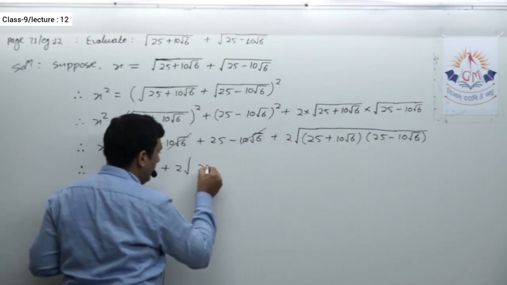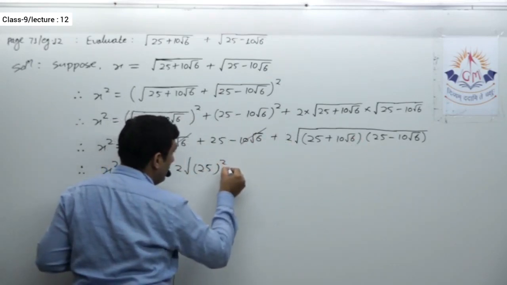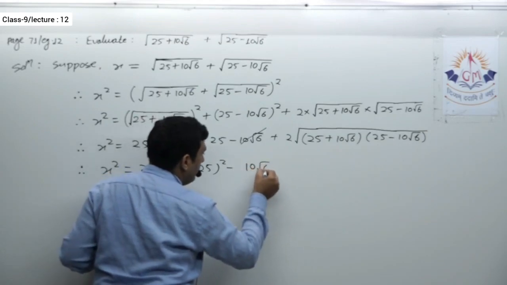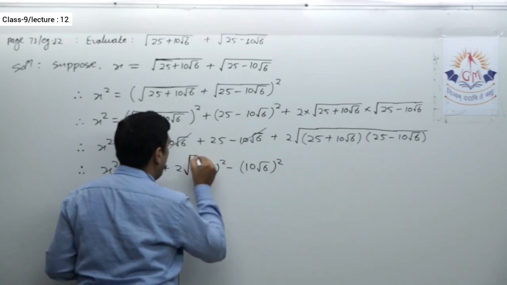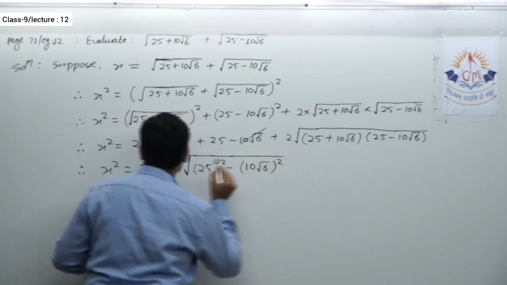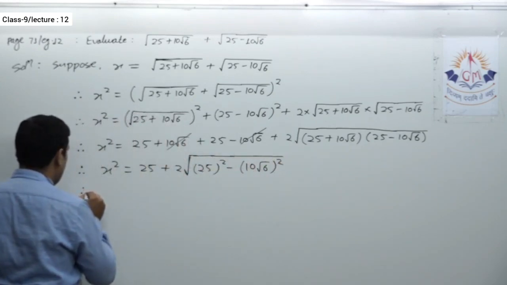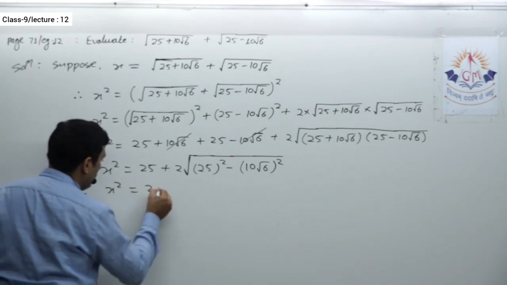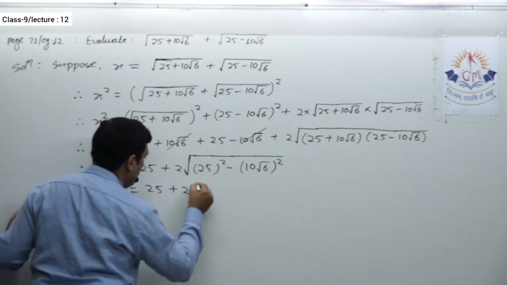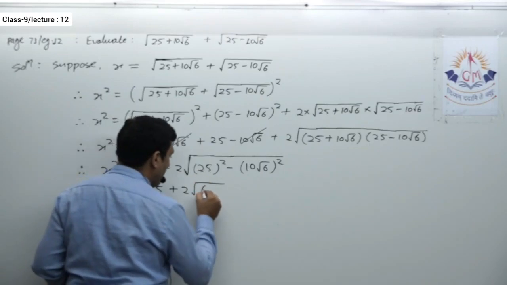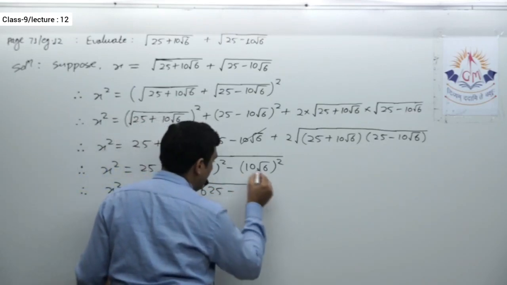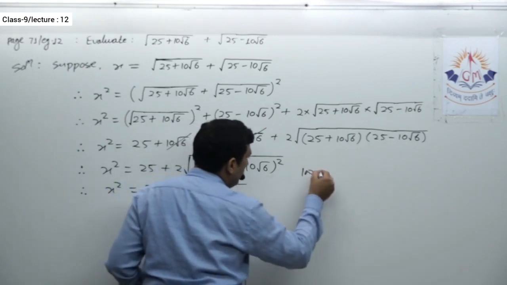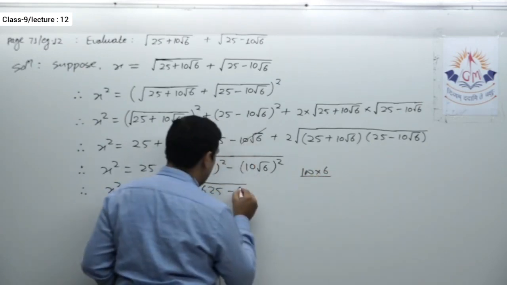So I write 25 square minus 10 root 6 whole square. Now 25 square is 625, and here 10 square is 100, root 6 square is 6, so I'll get 600.